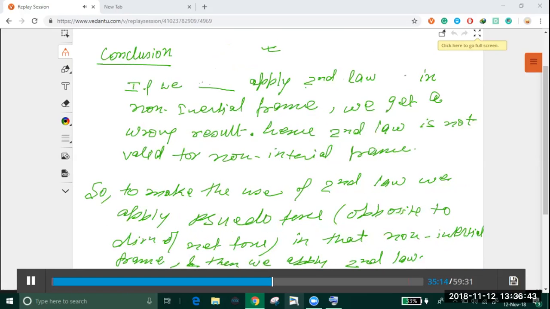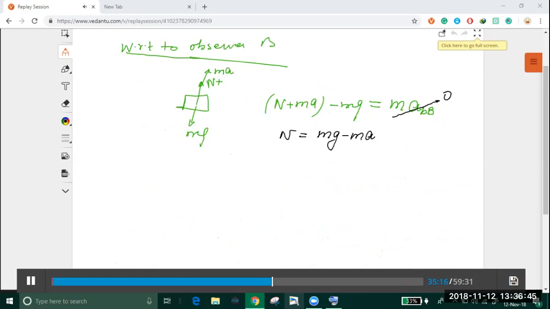Sir, can you go back to the first sheet?